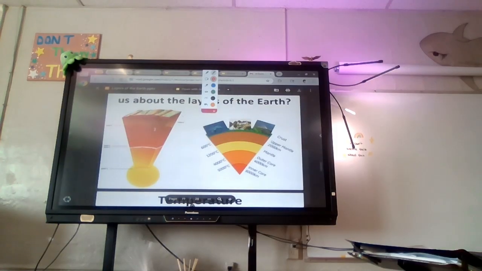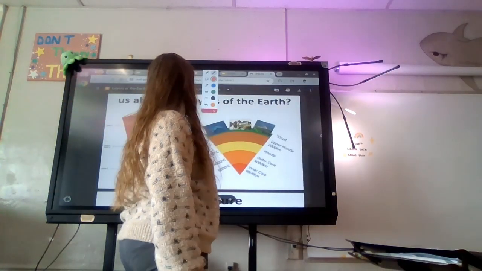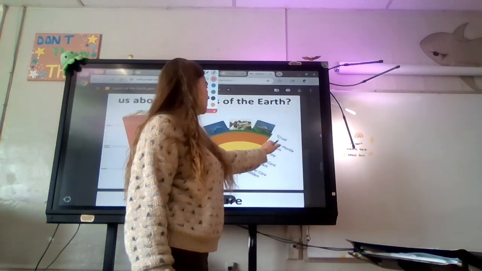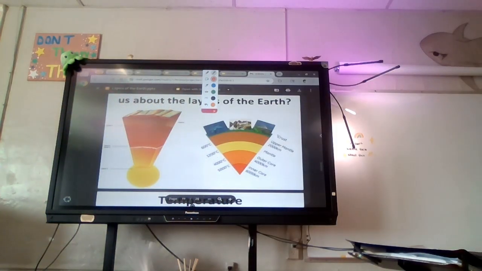So you got these two images. What do these two images say? Different layers and temperatures. It shows you the depth and the temperatures. On this one, this is a different picture. You can actually see the temperatures, then the layers with their depths. So, what pattern is shown here?